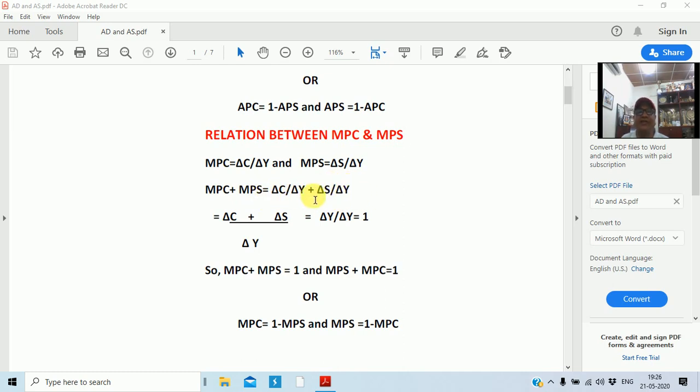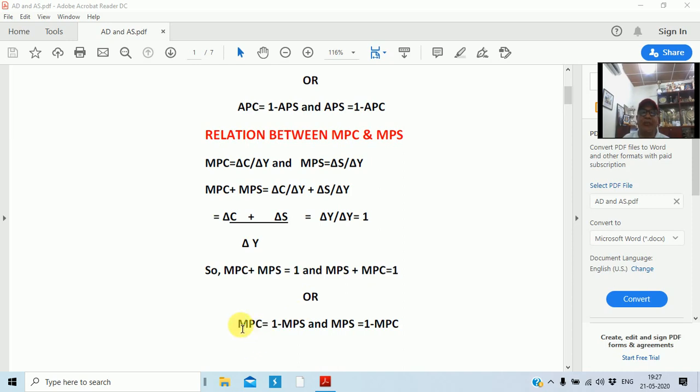And if I take the LCM, what is common? Delta Y. So what will come here? Delta C, and here delta S. And what is C plus S? Y. So it will be delta Y by delta Y, which is equal to 1. So what it means? MPC plus MPS is equal to 1, right? And MPS plus MPC is equal to 1.